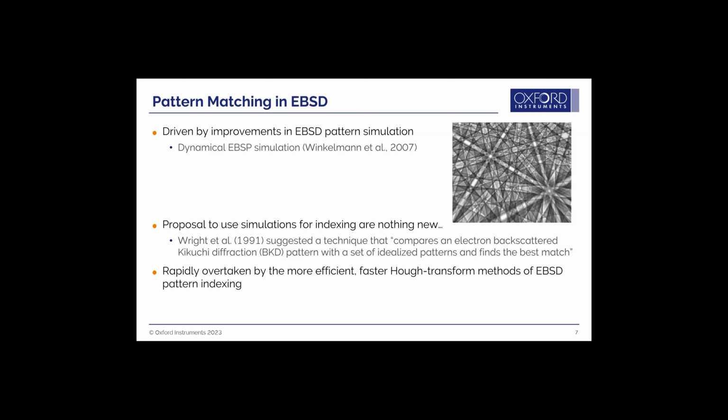Ultimately, what caused that to go away was when Hough transform and Hough indexing was introduced and improved. The speed of Hough indexing is dramatic compared to what you would do with pattern matching. Even as the computers are improving, Hough transform has always overtaken it and become the method of choice, I guess you'd say.